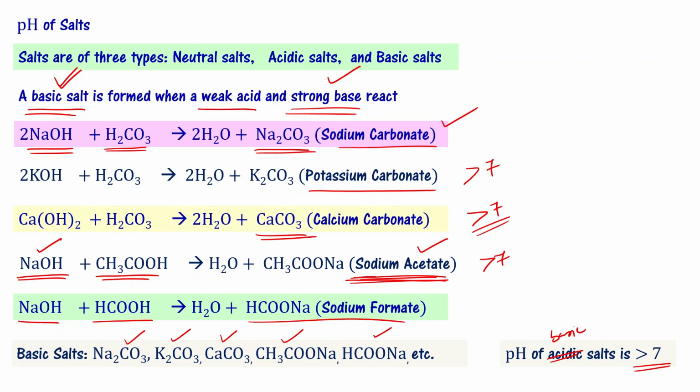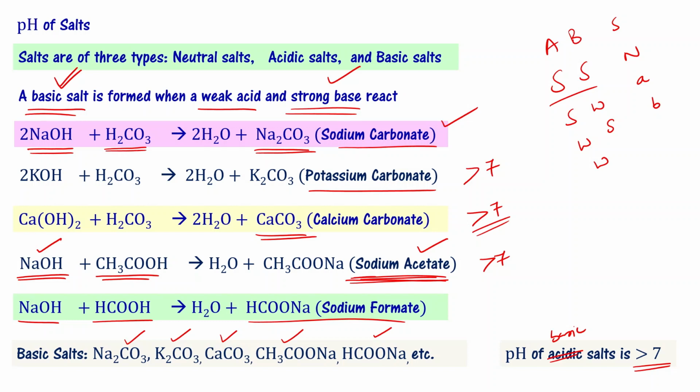You understood? When a strong acid and a strong base react, you get a neutral salt. Let me say this is the acid, this is the base, and this is the salt. When a strong acid reacts with a weak base, you get an acidic salt. When a weak acid reacts with a strong base, we get a basic salt.